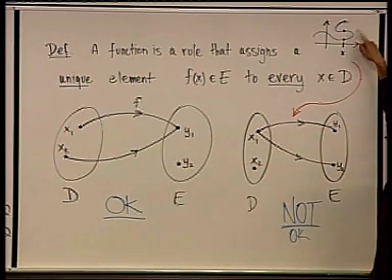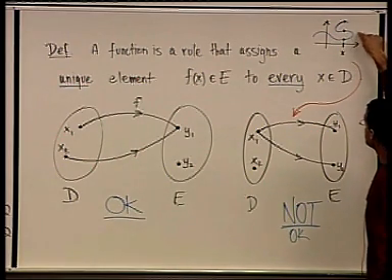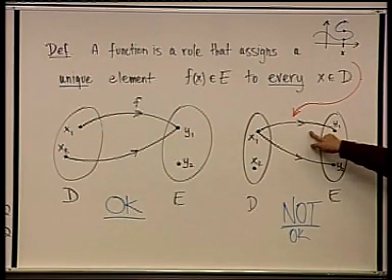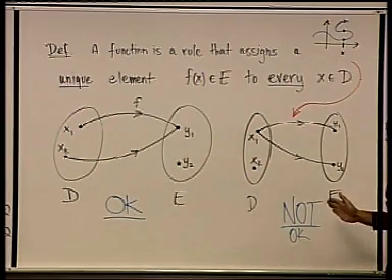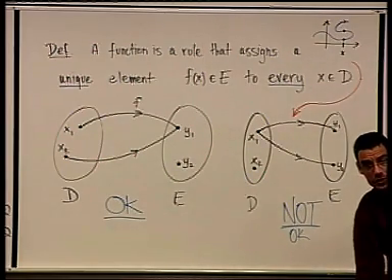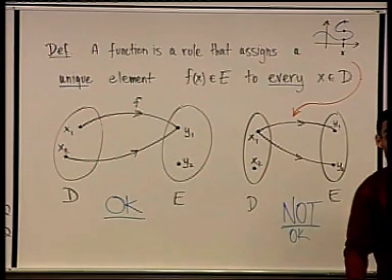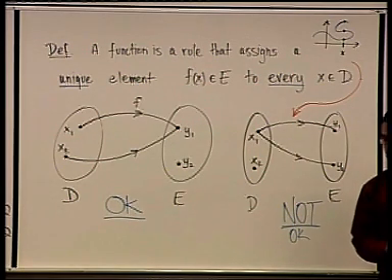Therefore, this curve cannot be the graph of a function. Sometimes this is called the vertical line test. If you can draw a vertical line crossing the graph at more than one point, that curve is not a graph of a function.